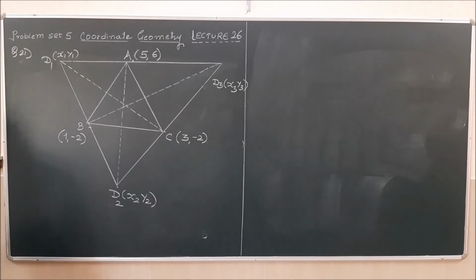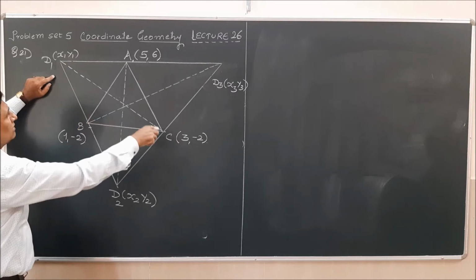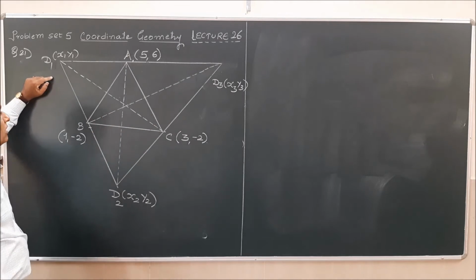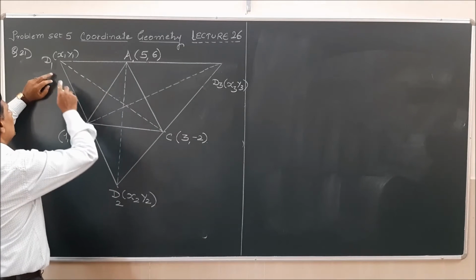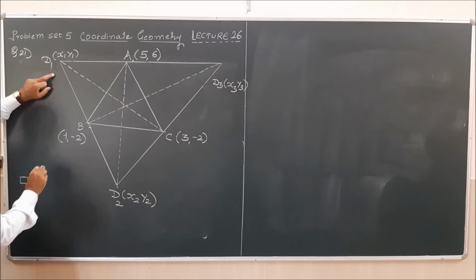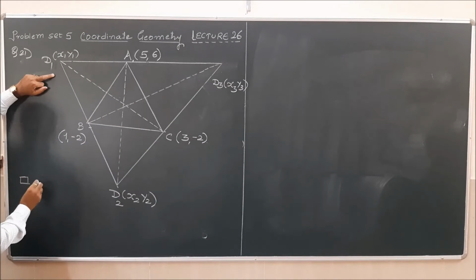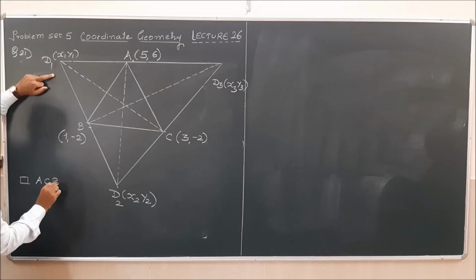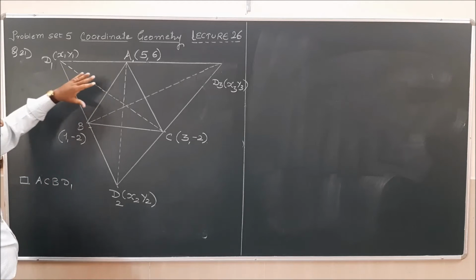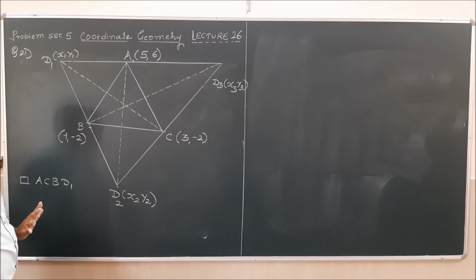Fine. Now you will find in this question, I'll get 3 parallelograms. Namely, quadrilateral ACBD1 is one. Try to understand it. ACBD1 is one parallelogram.